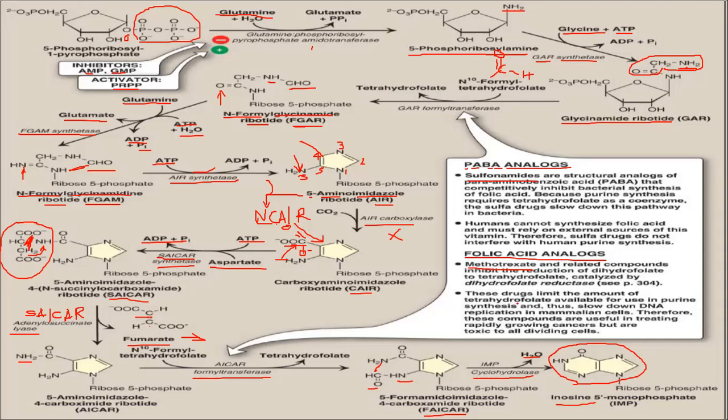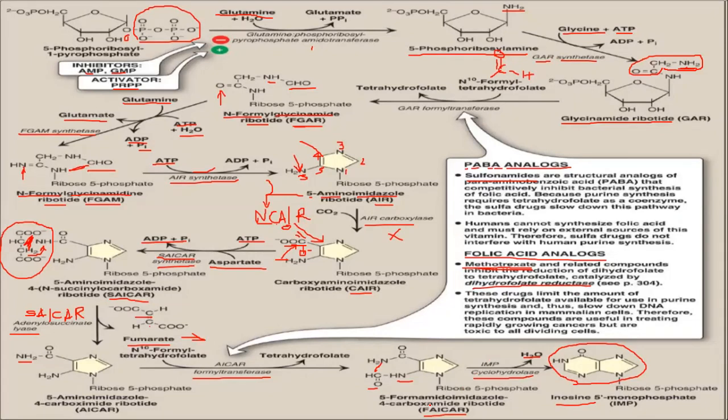So this drug, methotrexate, usually inhibits an enzyme known as dihydrofolate reductase, which is important in conversion of folic acid into tetrahydrofolate.